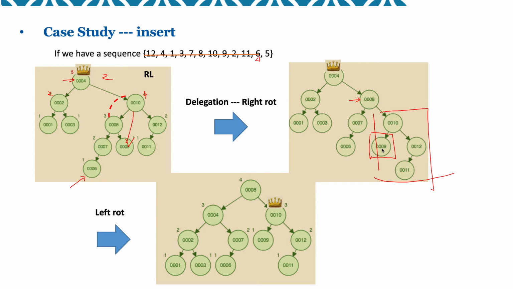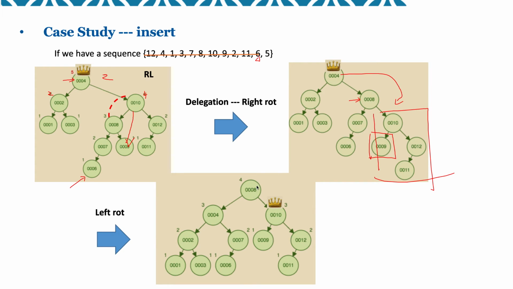But it's still imbalanced, because number 4 currently has not been handled. Then a right rotation and a left rotation could be performed.